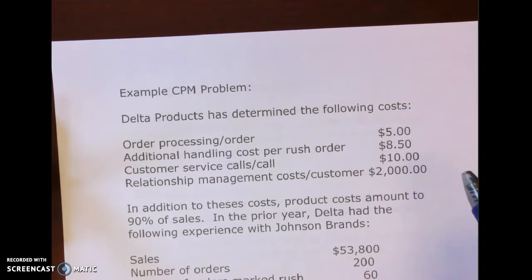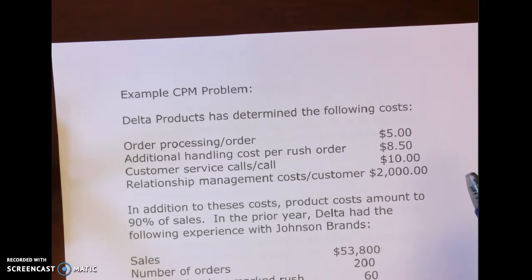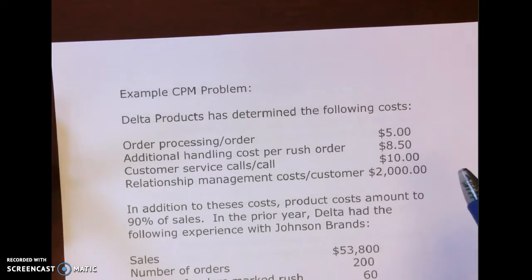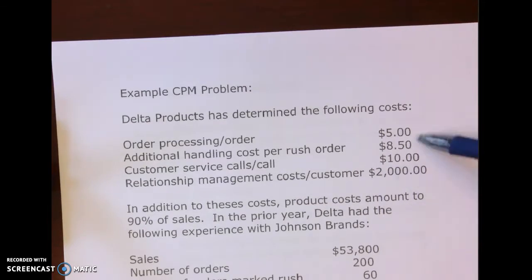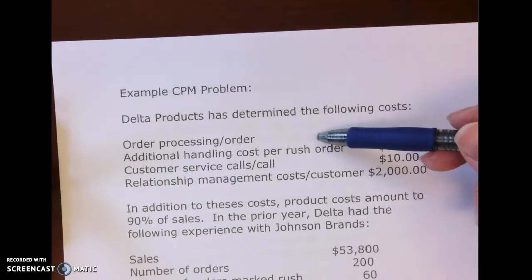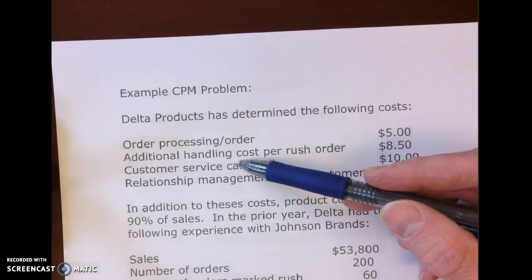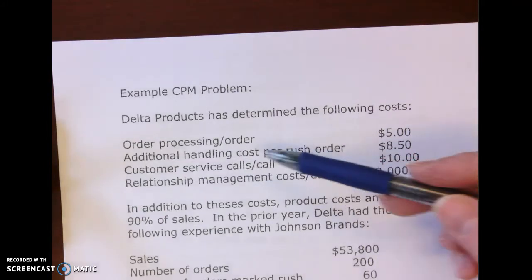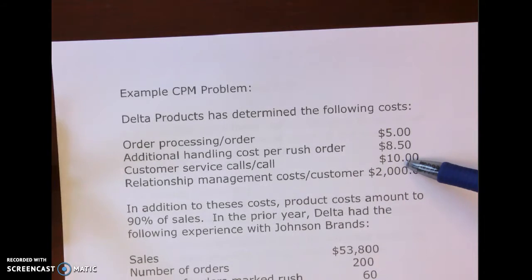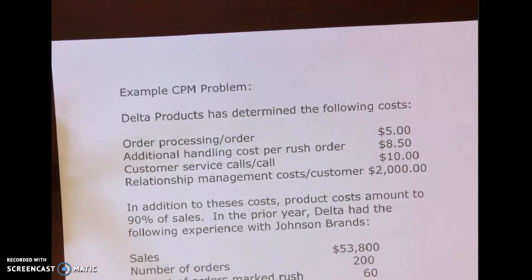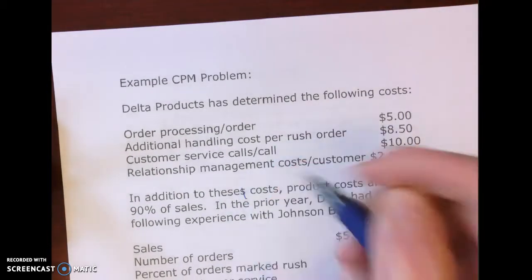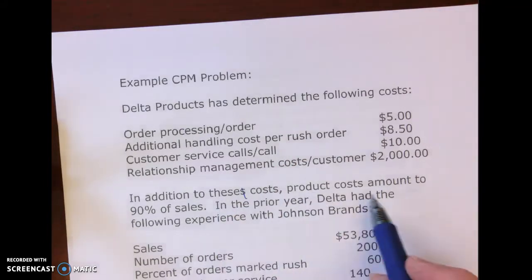Okay? So again, this is kind of similar to activity-based costing, where we would have developed these costs right over here by taking the total cost divided by the total orders. Or here, we would take our total cost for customer service calls divided by the number of customer service calls that we think we're going to have. Okay? And I do have a typo here. It says, in addition to these costs, product costs amount to 90% of sales.